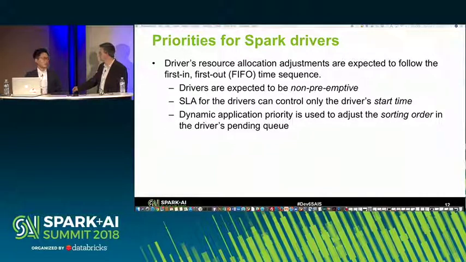This is important because if the driver gets killed, the entire application fails. Even if the application has enough executor slots to keep running, if the driver gets killed, the entire application fails. So that means service level agreements for the drivers can only control the driver's start time. And dynamic application priority is used to adjust the sorting order in the driver's pending queue.